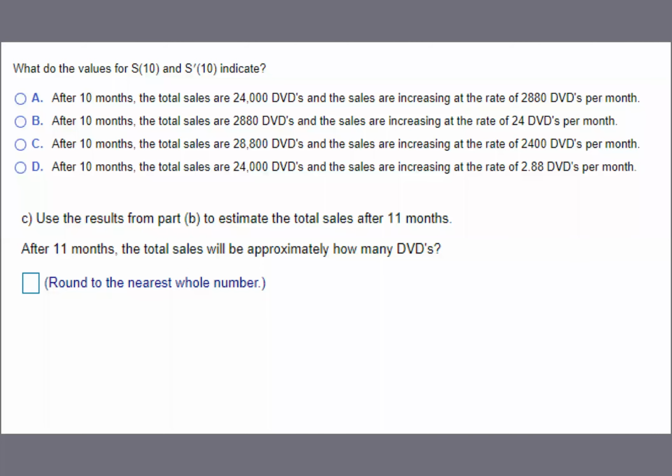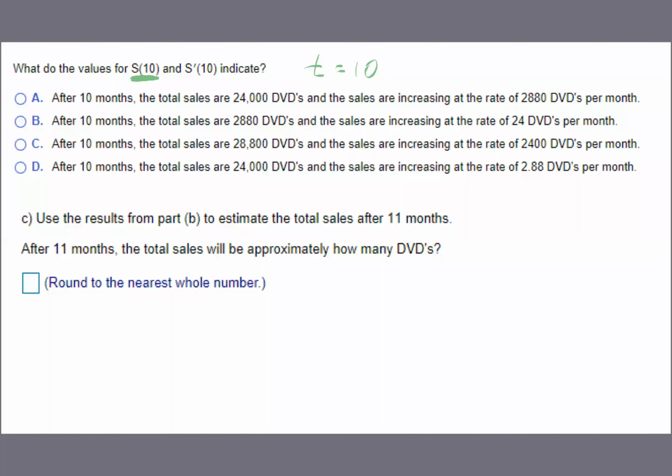All right, so continuing the same problem we have another question. What do the values of S of 10 and S prime of 10 indicate? S of 10 indicates the number of DVDs sold after 10 months have passed, so at t equals 10.